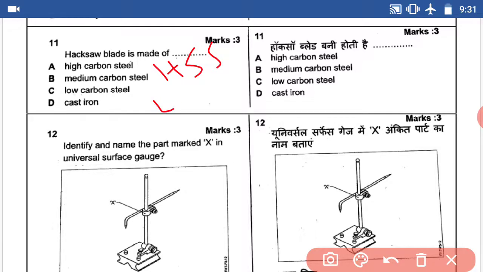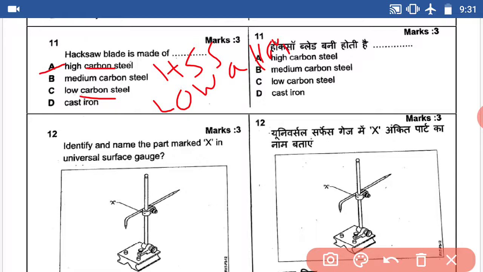A is high carbon steel, this is not the correct answer. C low carbon steel, this is not the correct answer. So one answer tick, A tick. High carbon steel.